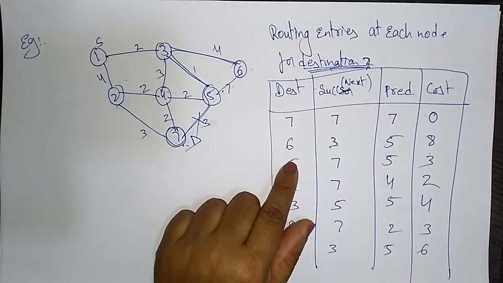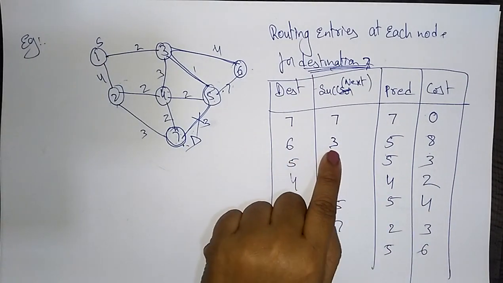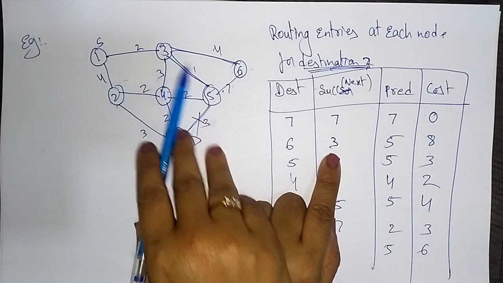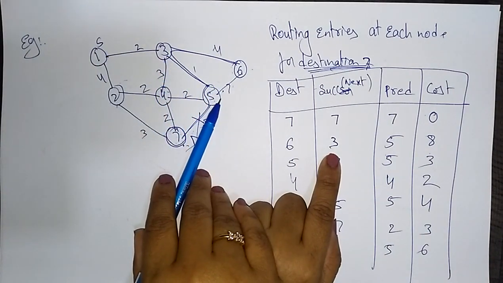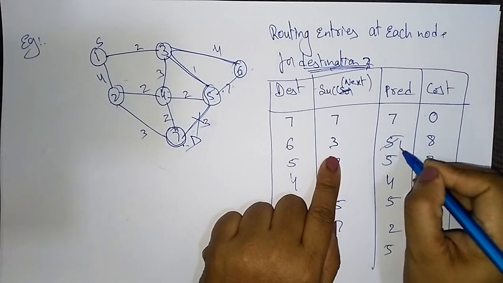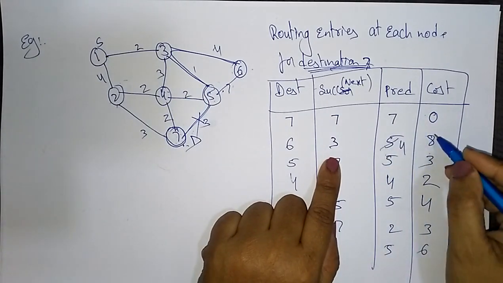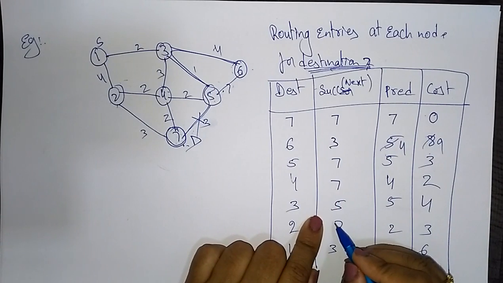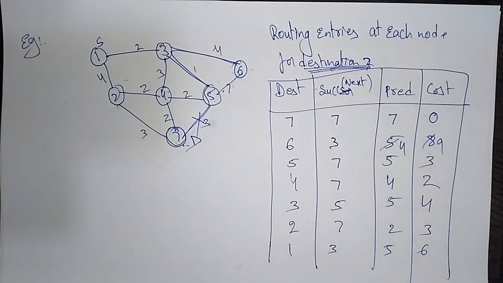So here for 6, the successor is 3 only, but instead of predecessor 5, it takes predecessor 4, and the cost will be increased to 9. So like that the table will change.